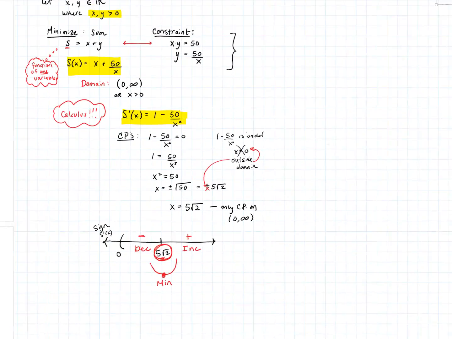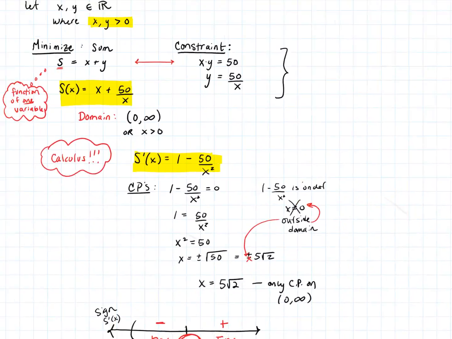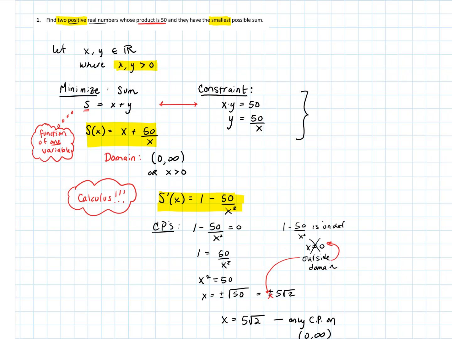So now we can come up and answer the question. We're trying to find those two positive real numbers given these constraints. So x, we just found x equals 5 root 2 is a minimum, and we justified it with calculus. That is a minimum to the function s of x equals x plus 50 over x.